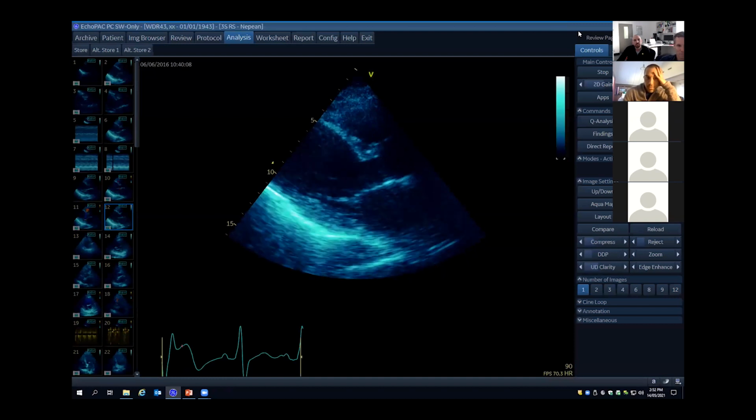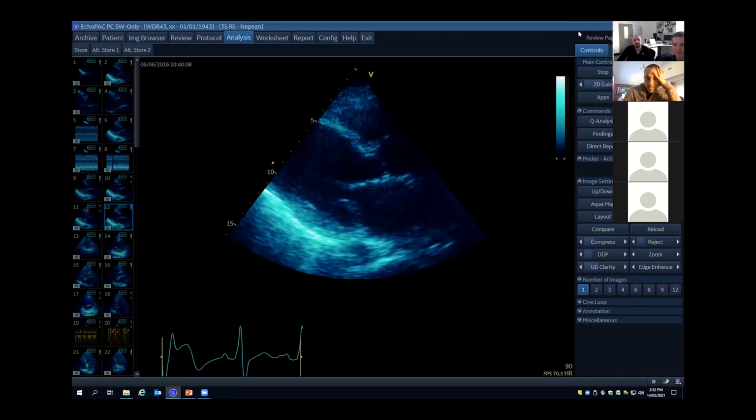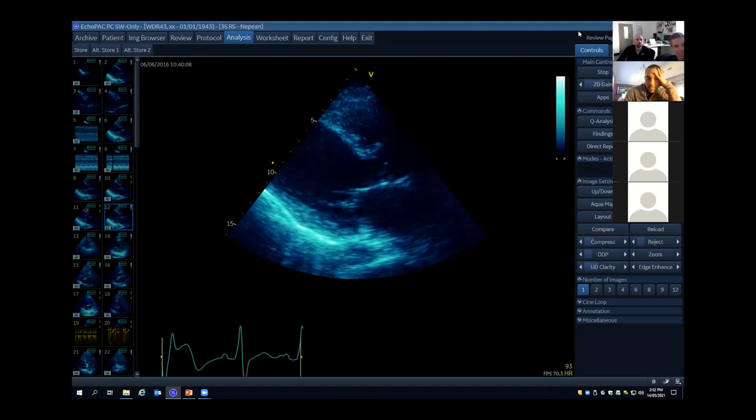Yeah, so I guess straight away I can say that there's probably a cardiac cause or cardiac contribution to the failed extubation. There is LV systolic dysfunction with moderately impaired ejection fraction.